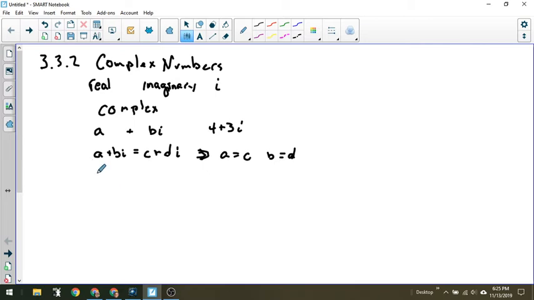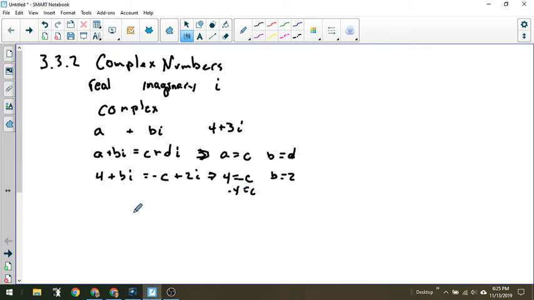So for example, if I had 4 plus bi equal to negative c plus 2i, then 4 has to equal negative c, and b has to equal 2. This makes negative 4 equal to c. That has to be true.